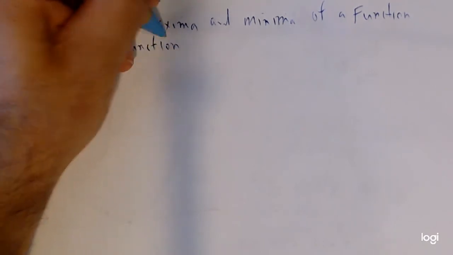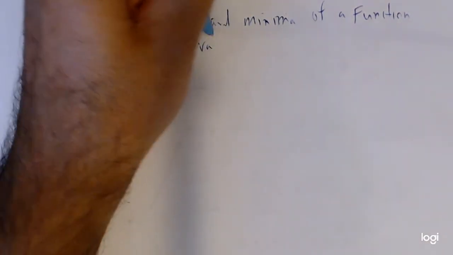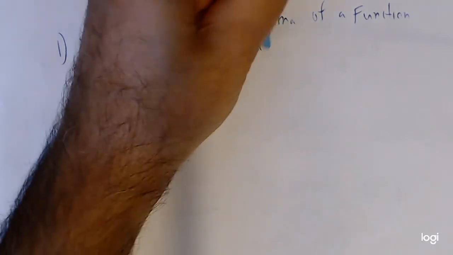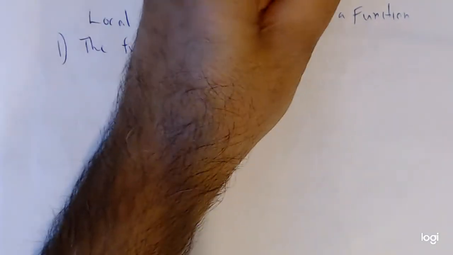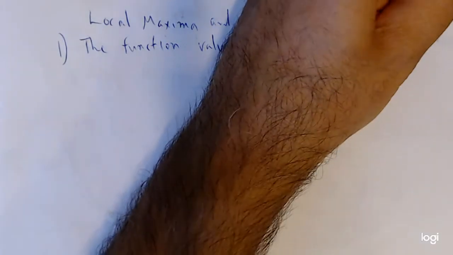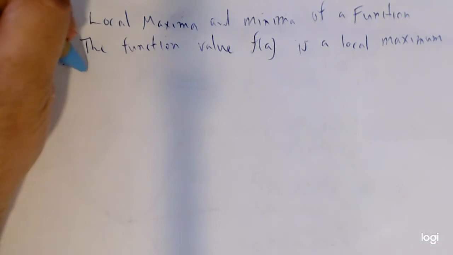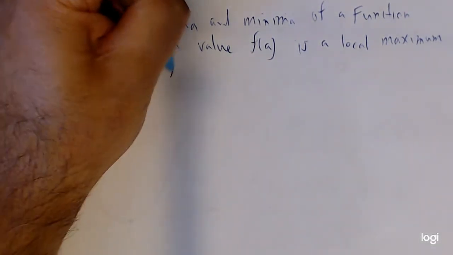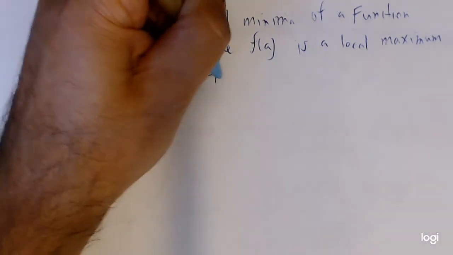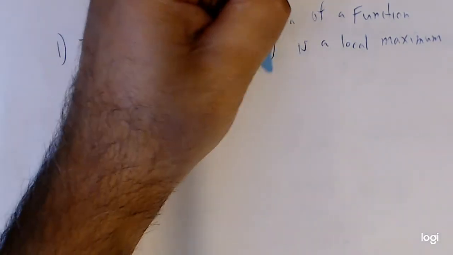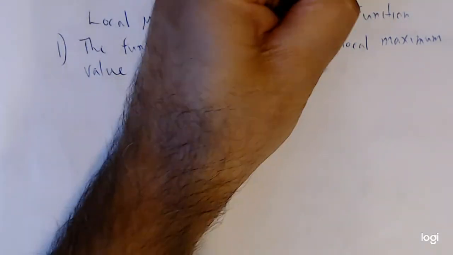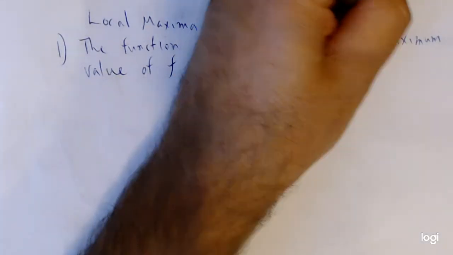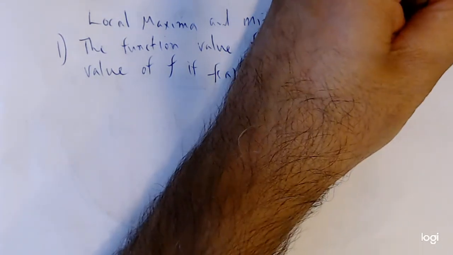The function value f of a is a local maximum value of f if f of a is greater than or equal to f of x when x is near a.